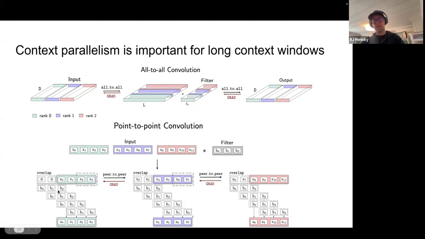But with that said, this is basically ring attention. And this overlap has to be forwarded to the next guy before they can compute. So this one I don't get. Does anyone understand this diagram?